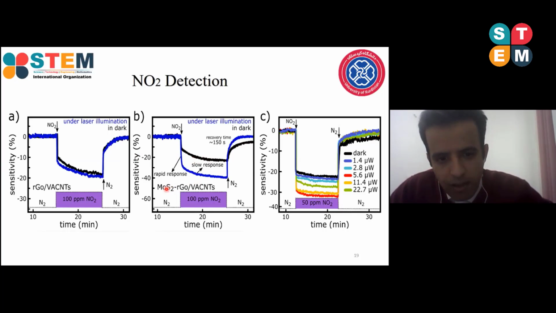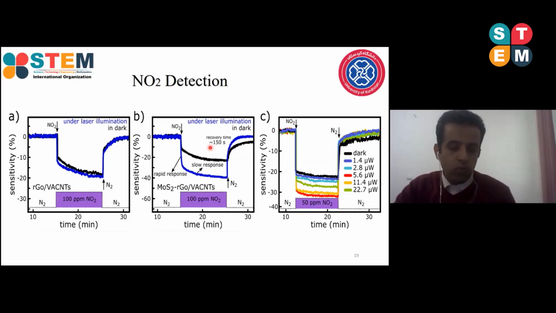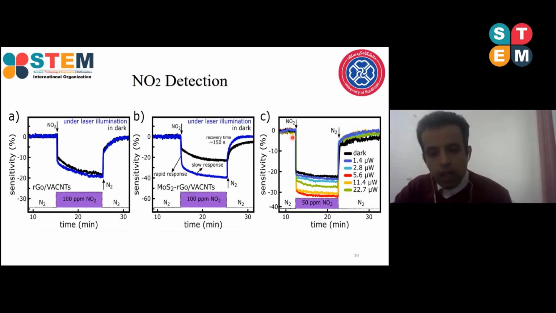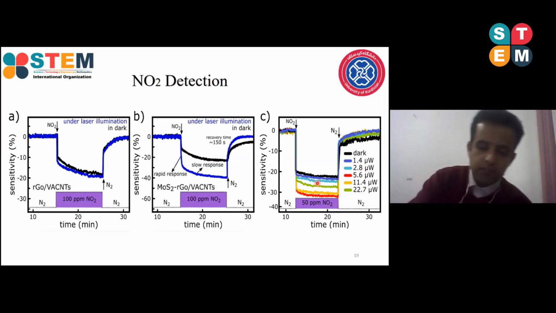But when we add molybdenum disulfide and test again, we achieve a higher sensitivity for the sensor, and also a good recovery time compared with the dark conditions. The recovery time is about 150 seconds, which is very reasonable, and also good compared with other reports.